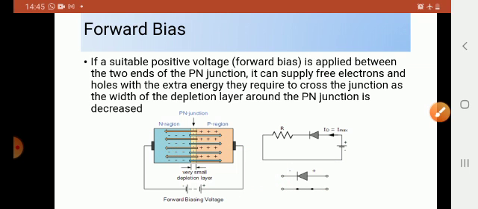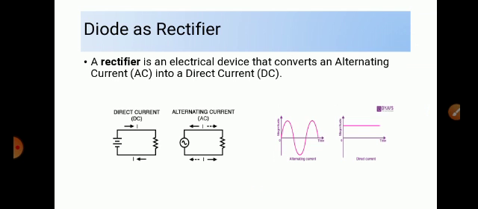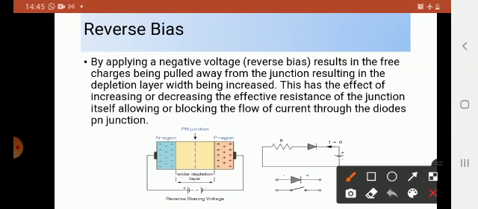Now the reverse of it. This diagram is showing reverse bias. In reverse bias, what happens? It's totally opposite. With the p-type we have attached the negative terminal, and with the n-type we have attached the positive terminal.